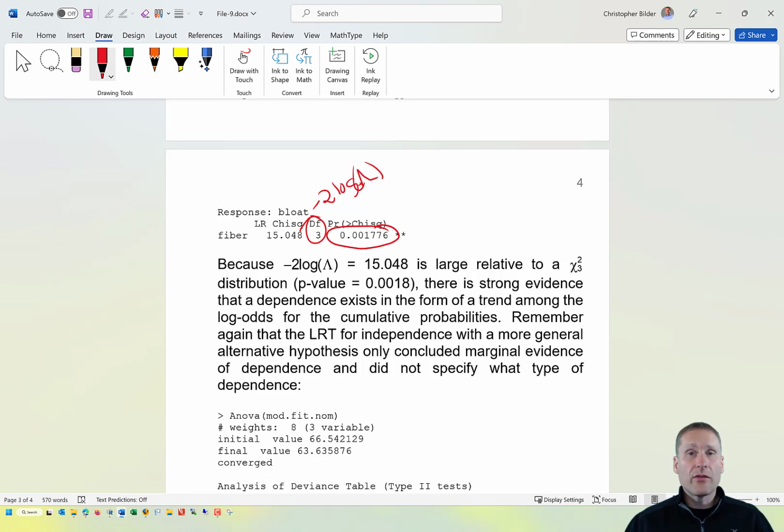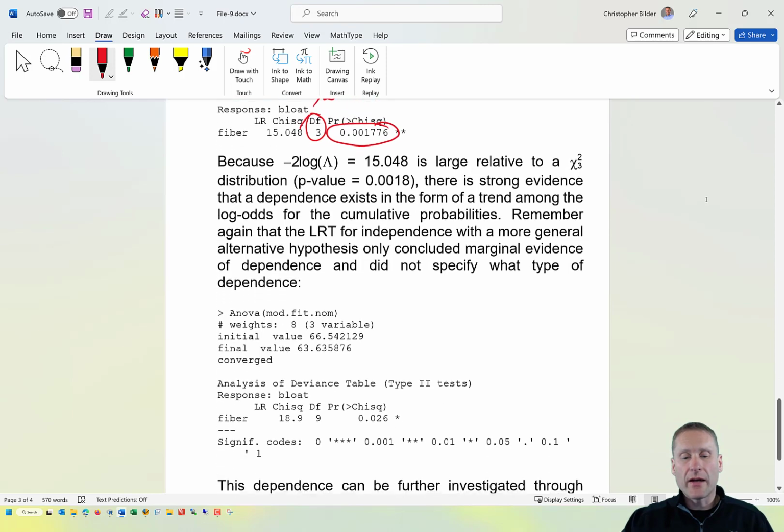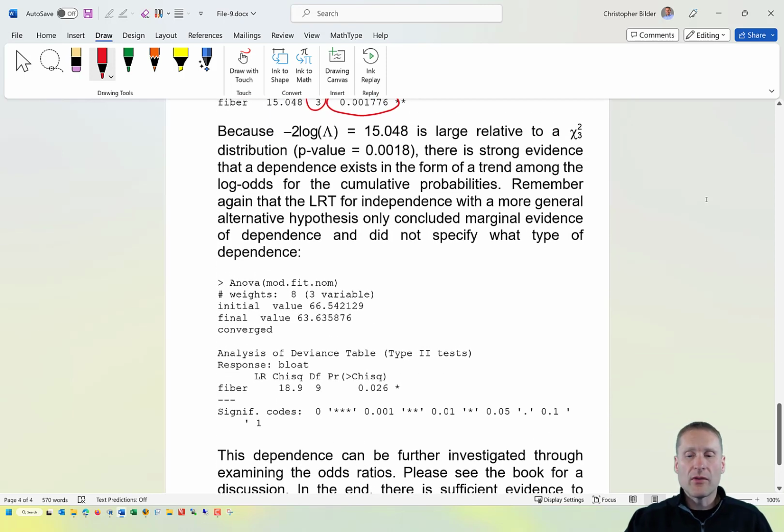So comparing to a chi-square 3 distribution, we can see that we have a very low p-value here. So it would be very unlikely to get a test statistic this large or larger if the null hypothesis of independence was true. So therefore, we conclude dependence in the way that we represent it with our proportional odds regression model.